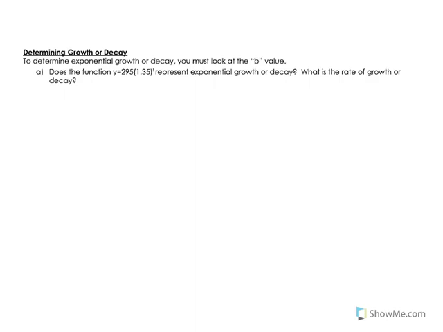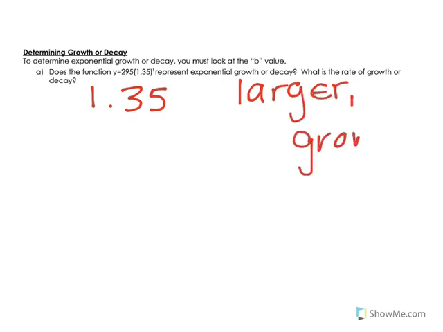So here in parentheses we have 1.35. Well, if you think about it, is this bigger than 1 or less than 1? Since 1.35 is bigger than 1, it's going to be growth. If it was less than 1, it would be decay.